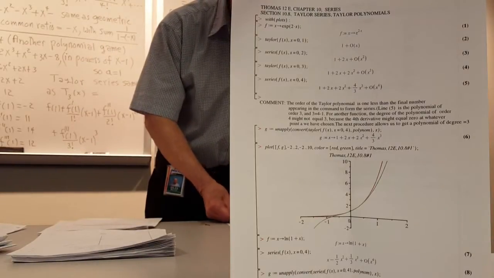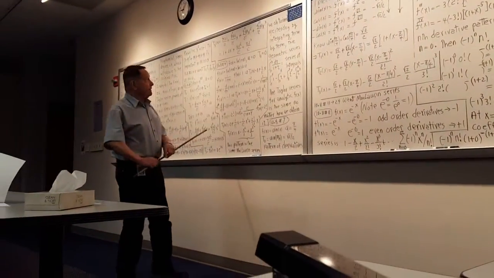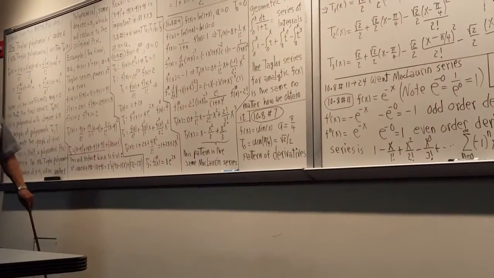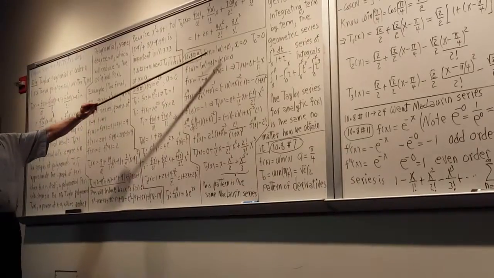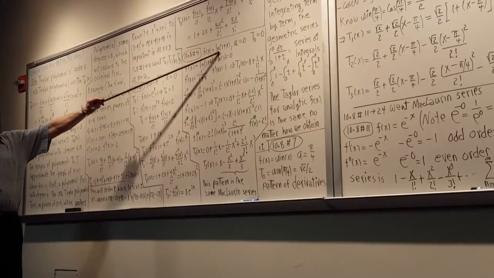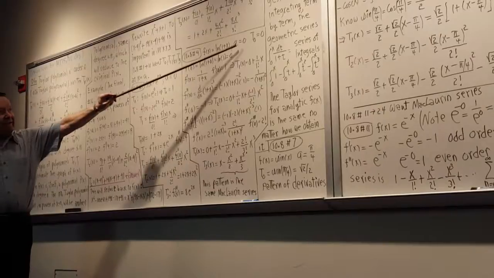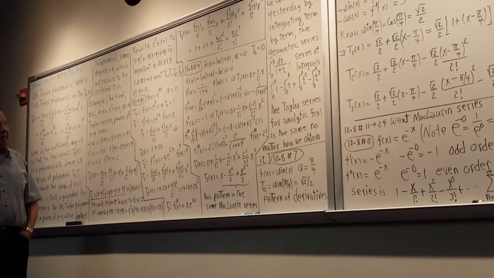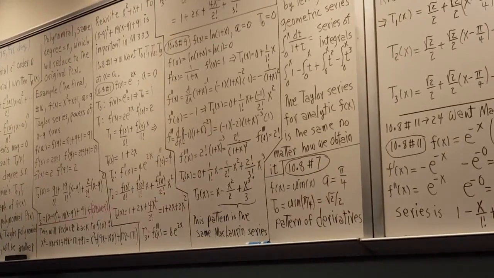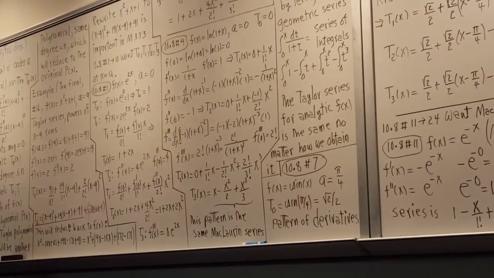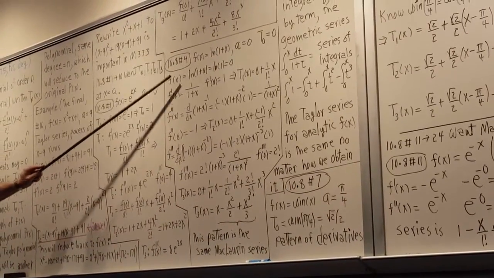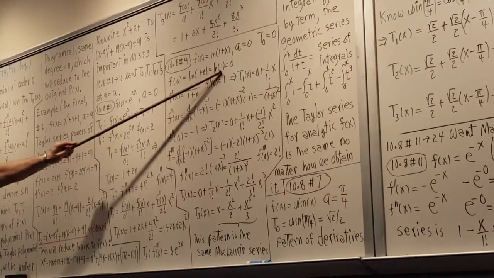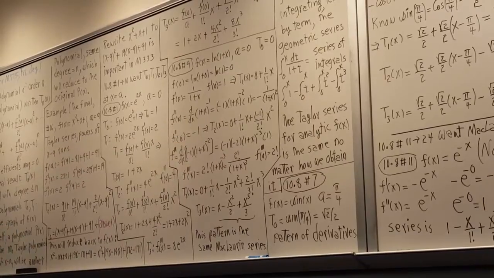So then take a look at this one, at problem 4. So we have log of 1 plus x, and a equals 0, so it'll be in powers of x, and they want the Taylor polynomial. So f of 0 would be log of 1 plus 0, which is log 1, which is 0.